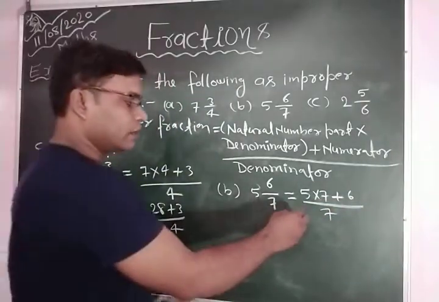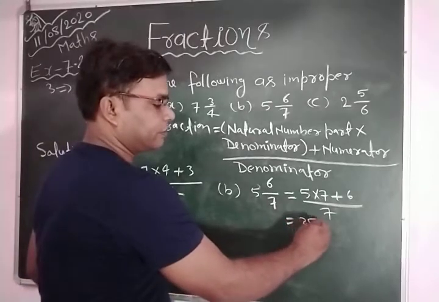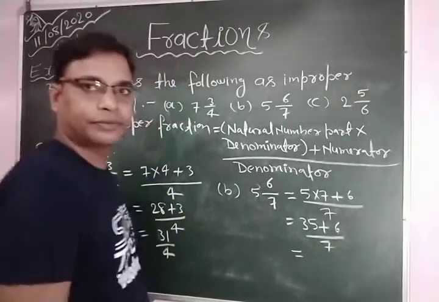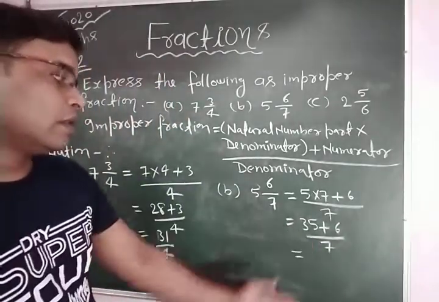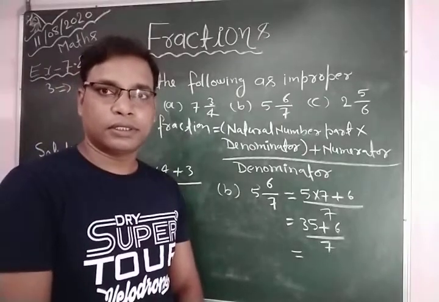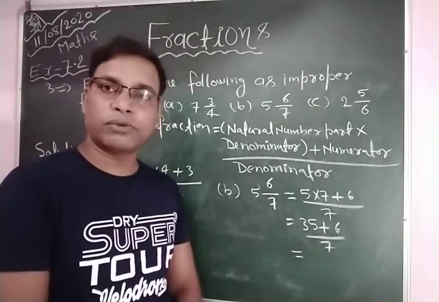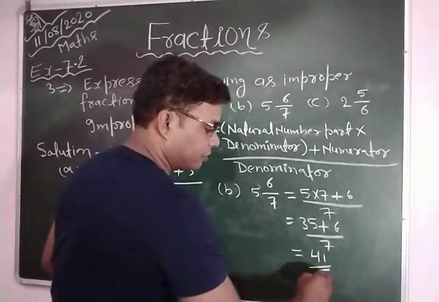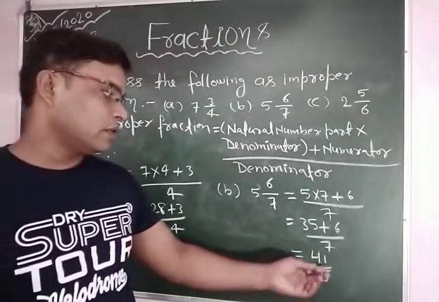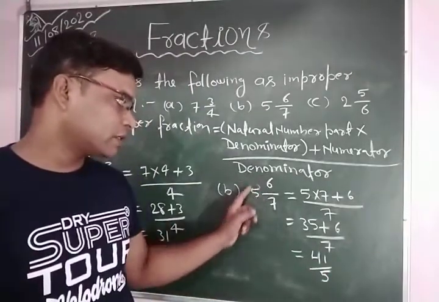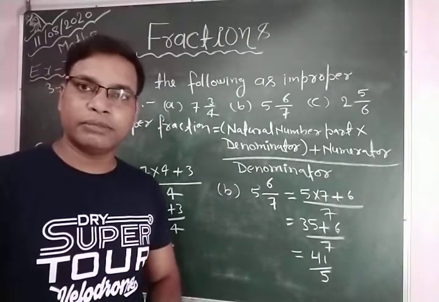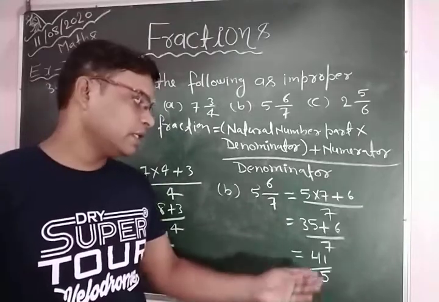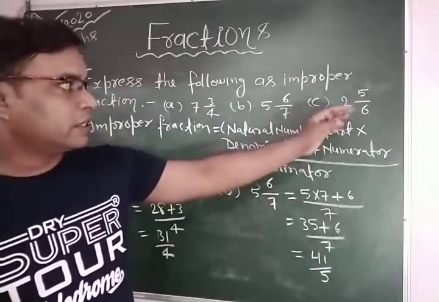So 5 sevens are 35 plus 6 over 7, which is equal to 35 plus 6, 41/7. This is an improper fraction. This is a mixed fraction, 5 whole 6/7, and we convert this mixed fraction into an improper fraction. We obtain 41/7.